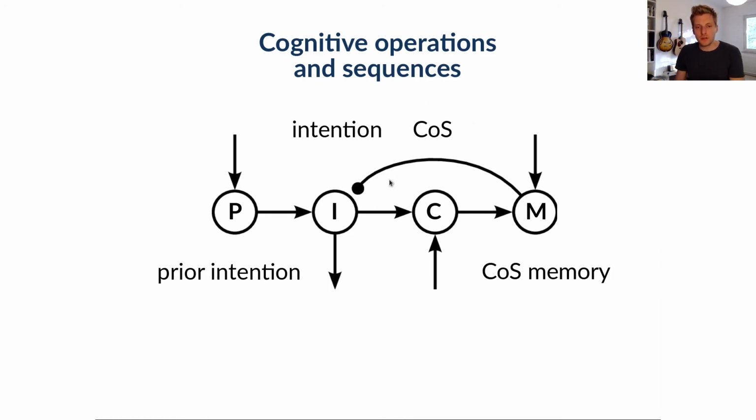The other part is the condition of satisfaction, or COS, which is a mechanism that signals that this behavior is finished. So if that field then creates a peak, that will be a signal that the behavior is finished. There are two other nodes here, the prior intention and condition of satisfaction memory node.